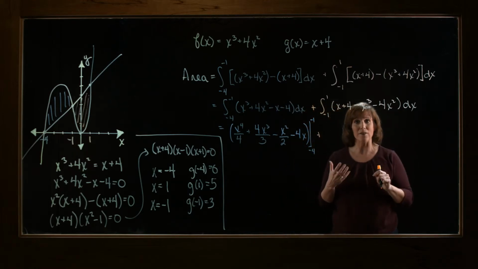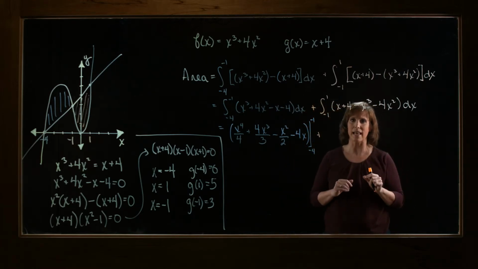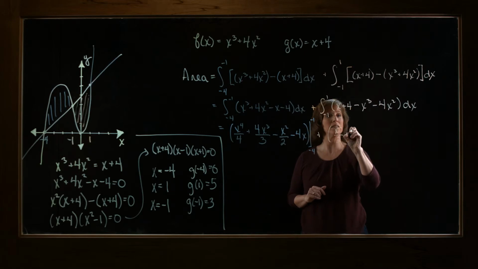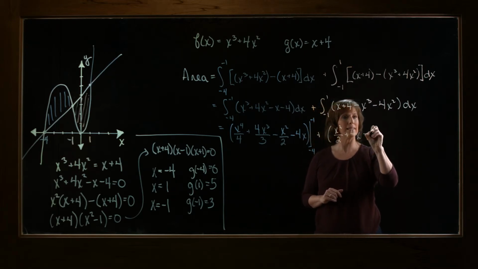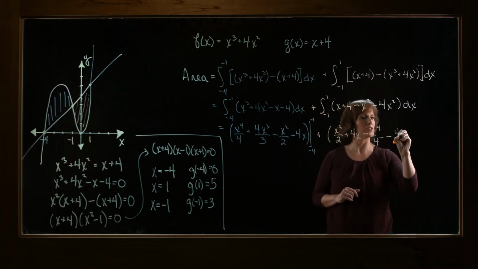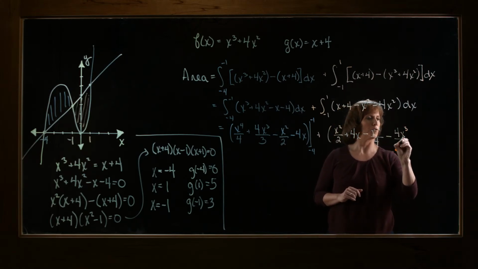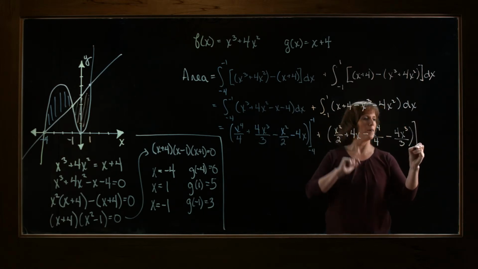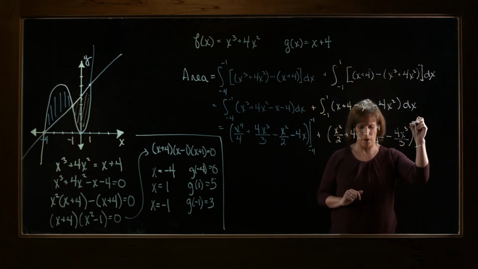The next piece will have very similar pieces to it, just in a slightly different order. So I'm going to have x squared divided by 2 plus 4x minus x to the 4th all over 4 minus 4x cubed all over 3, evaluated this time from -1 to +1.